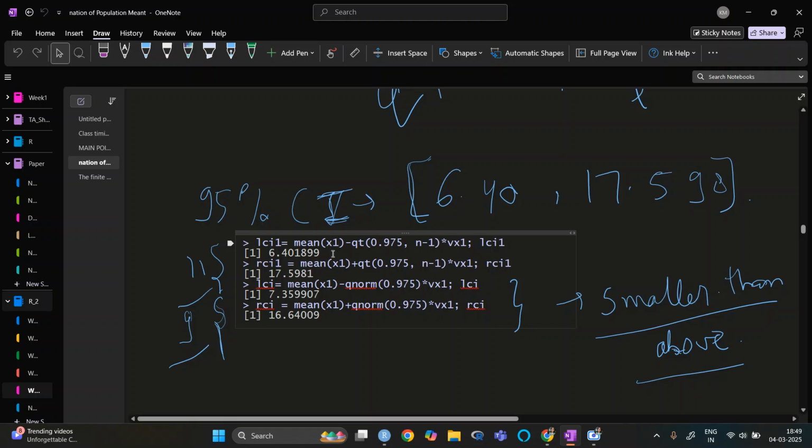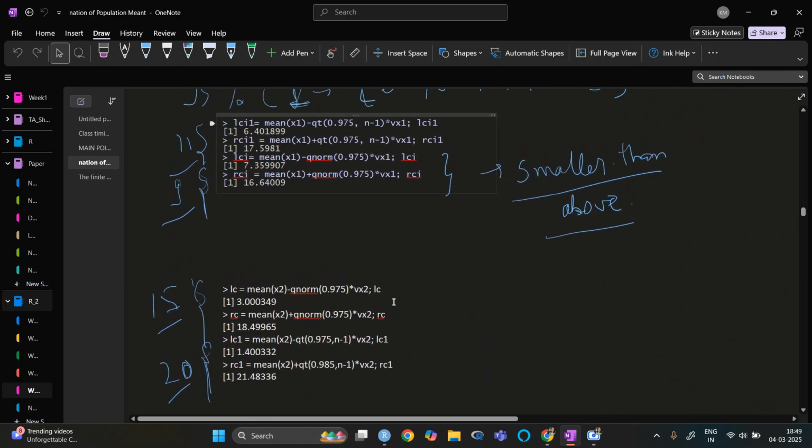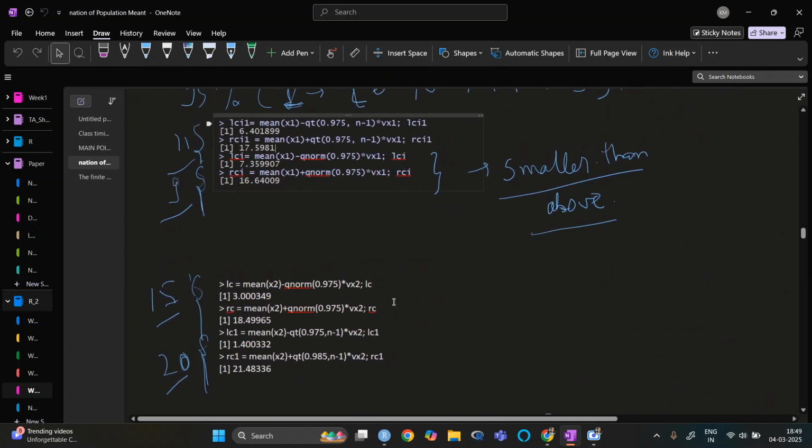So whether with replacement or without replacement, the value of q norm is not changing, the value of qt is not changing.